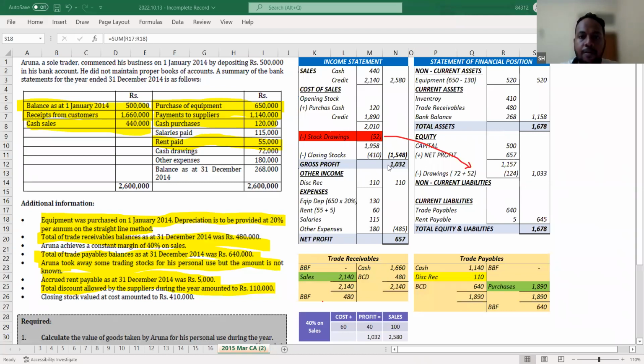Right. So this is how the incomplete records questions will be checked. Right. So there are some more questions I have done. I'll share those videos and presentations in the group.